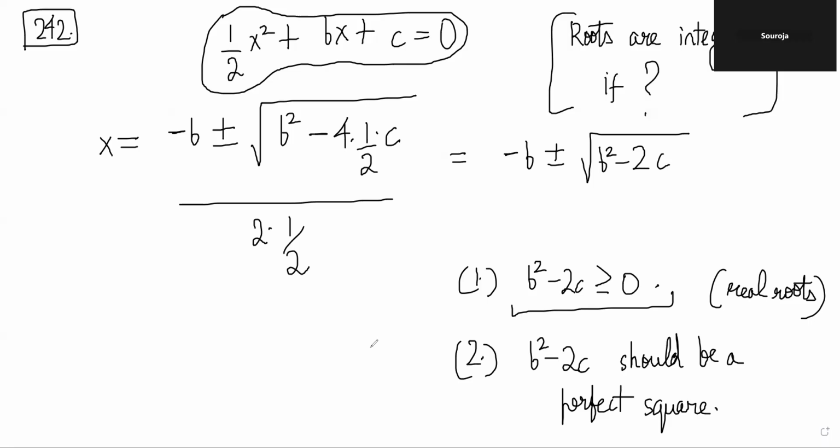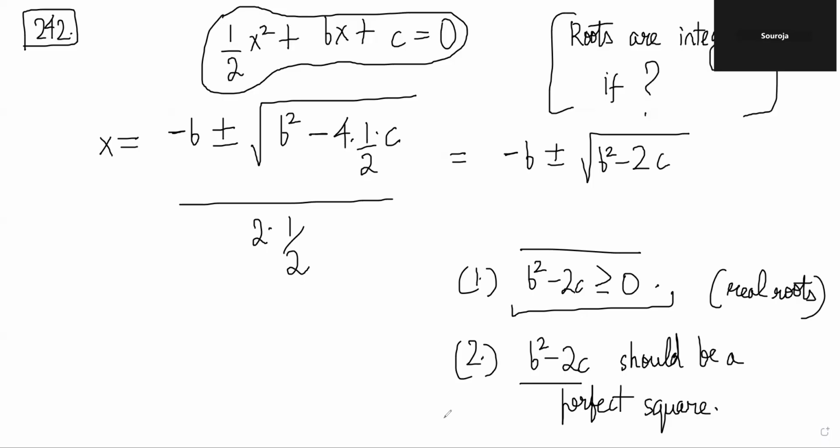So that will make it not an integer, right? Do you understand what I'm saying? So this should happen, this should also happen, right? Then we have to think about it.